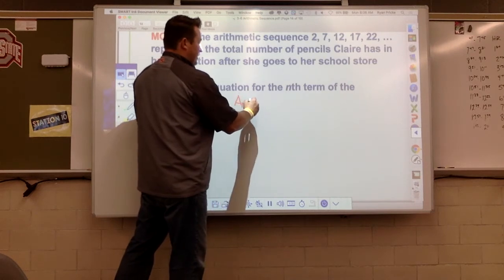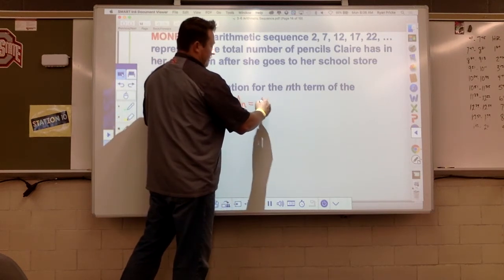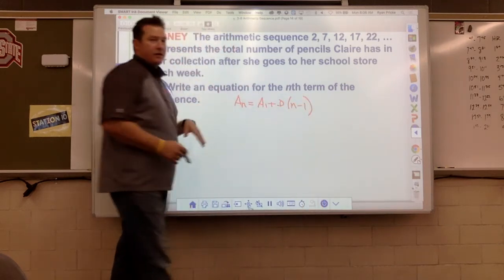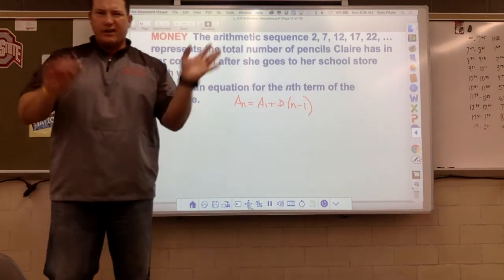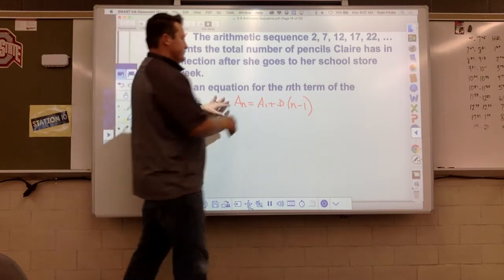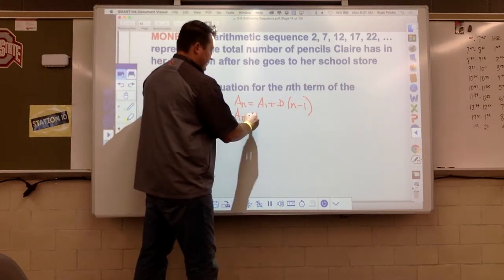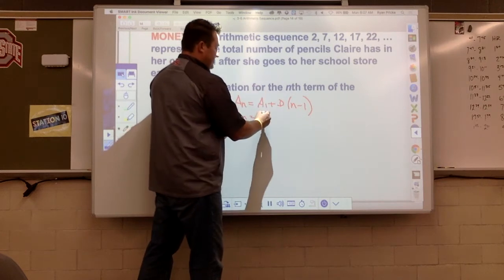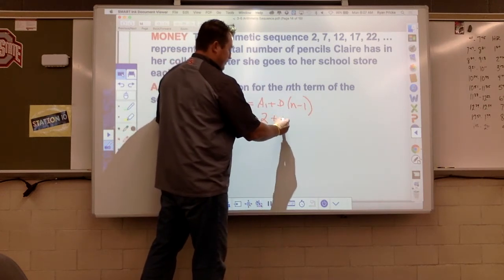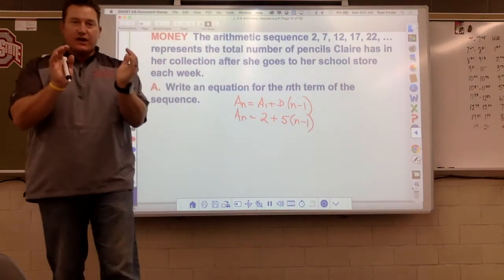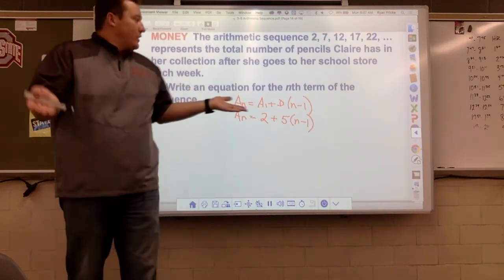Remember, if we're going to use a formula, just write it out. a_n = a_1 + (n minus 1)d. I'm using capital letters, really shouldn't do that, but it's okay. So the nth term is equal to a_1, which is 2, and my common difference was 5. This expression, n minus 1, basically what does this do for us?